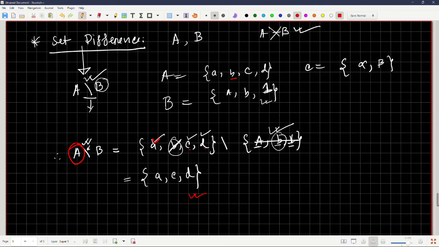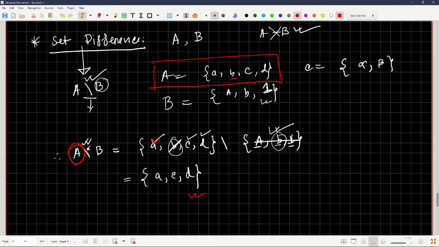Sir, shouldn't 1 be added too, a, c, d and 1? Look at A. A doesn't contain any 1. Oh, sorry. I'm saying find all the unique elements in A that are not in B. Yes, sir. If you have any elements of B, you just get rid of them.